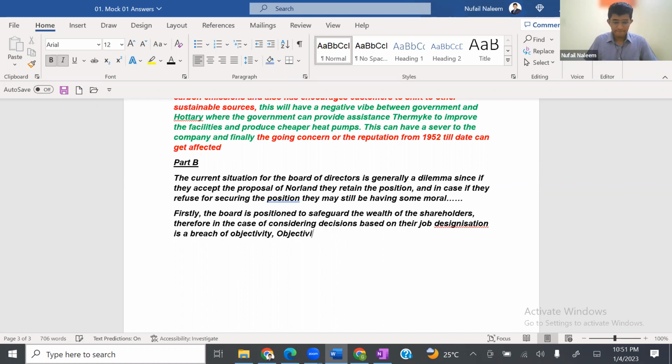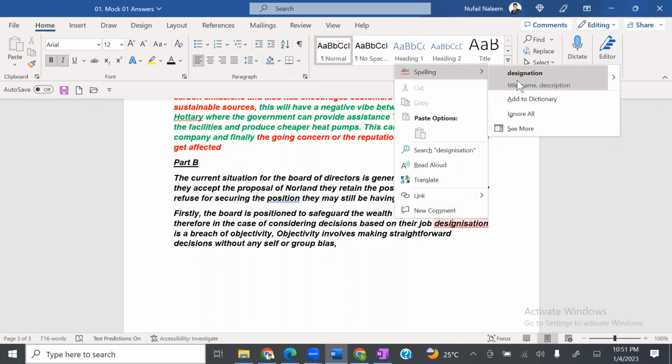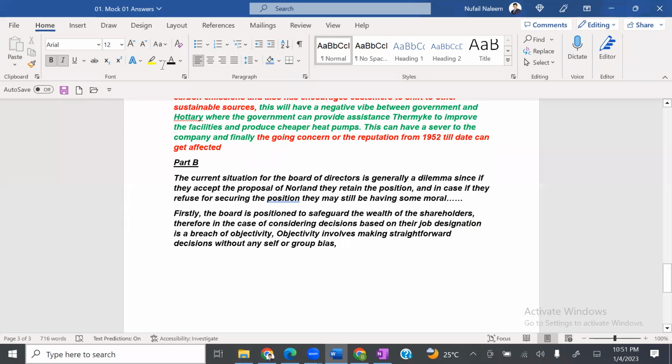Objectivity involves making straightforward decisions without any self or group bias. Students, I believe it is very clear. Correct, students? Yes or no? Yes, sir.